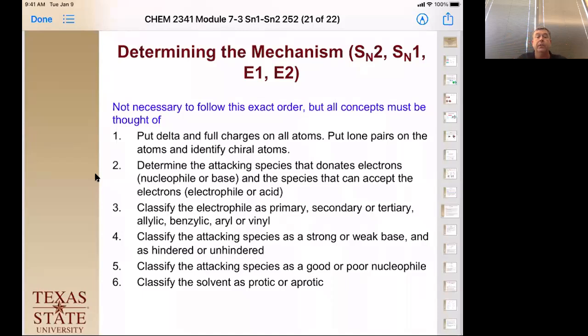Now, you also want to identify if you have a chiral carbon, because remember, in an SN2 reaction, you're going to do an inversion of the chiral center. In an SN1 reaction, you are going to scramble the chiral center. The second thing you do is figure out which is the nucleophile or base and which is the electrophile or the acid.